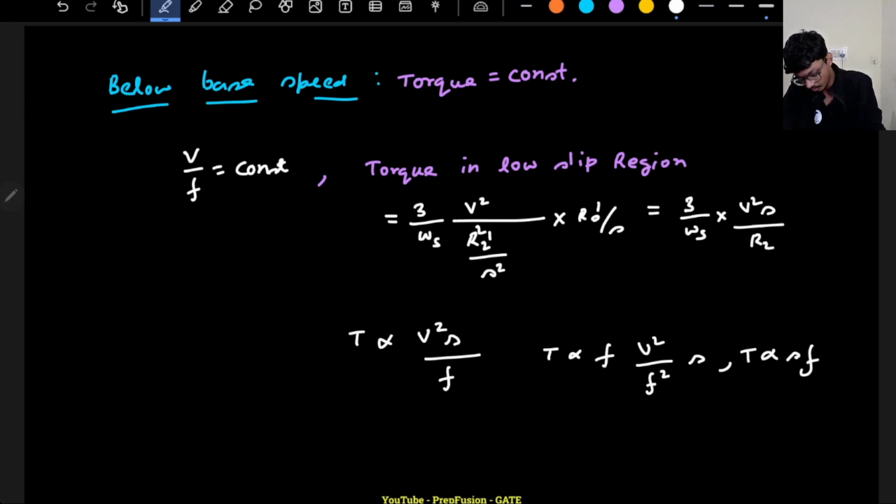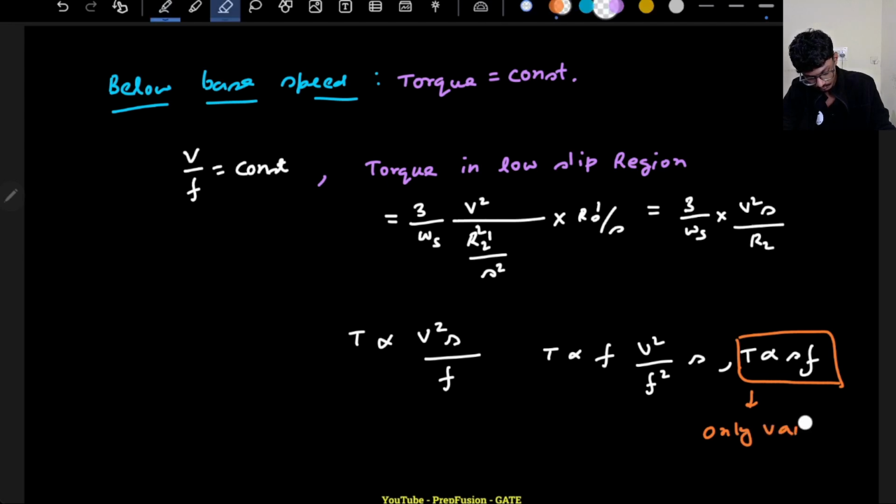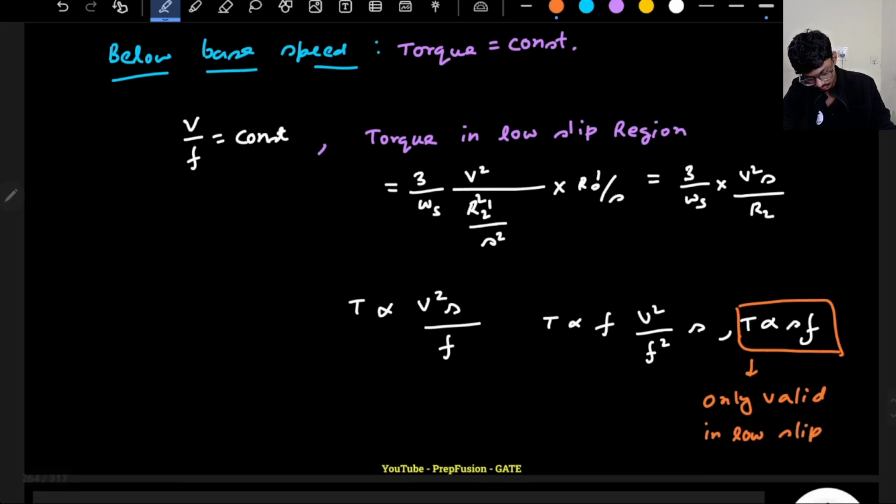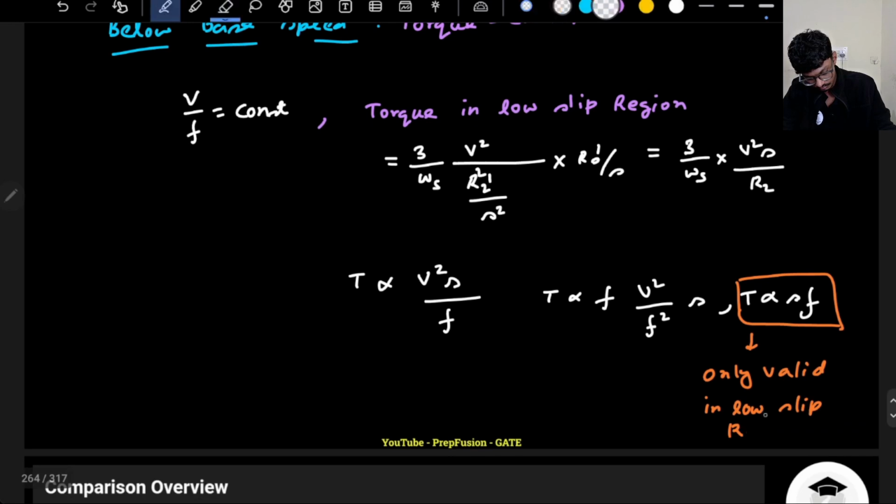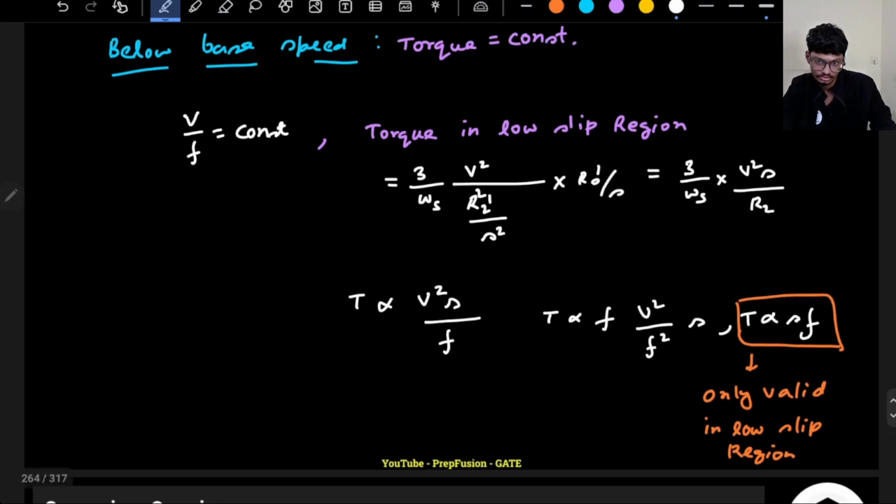Now this is a very important relationship. Remember, there is always a caveat: this is only valid in the low slip region.